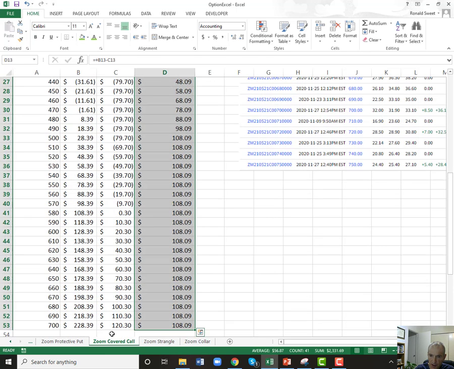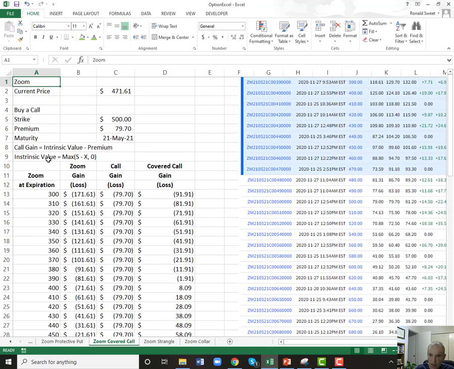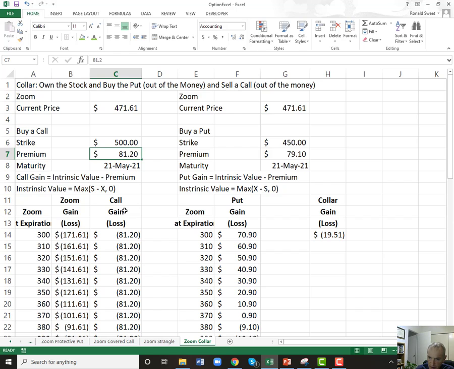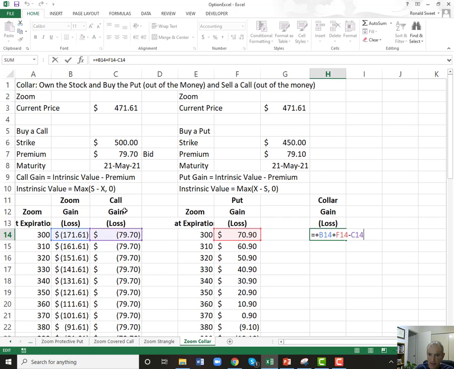Remember on the covered call, we changed the premium to 79.70. So anytime you sell a call, you use the lower bid. Make sure you use the bid if you're selling the call. So we take the stock price plus the put minus the call, and we copy that down.